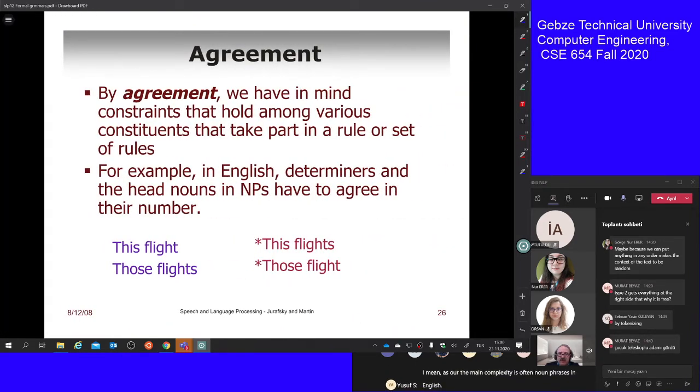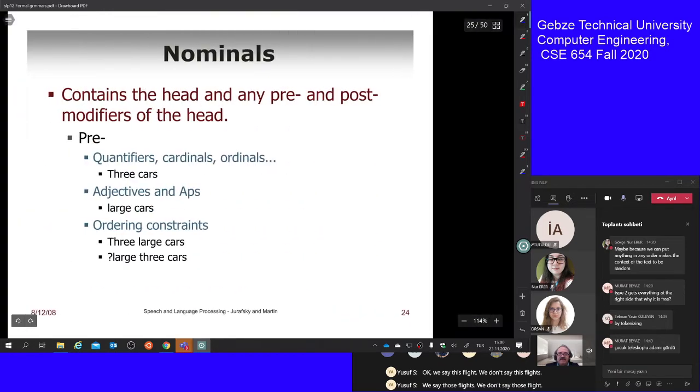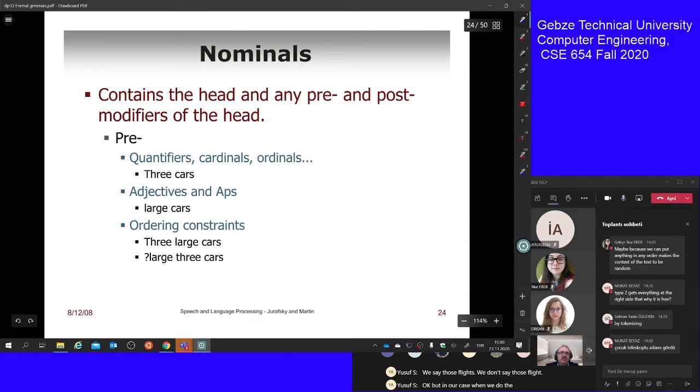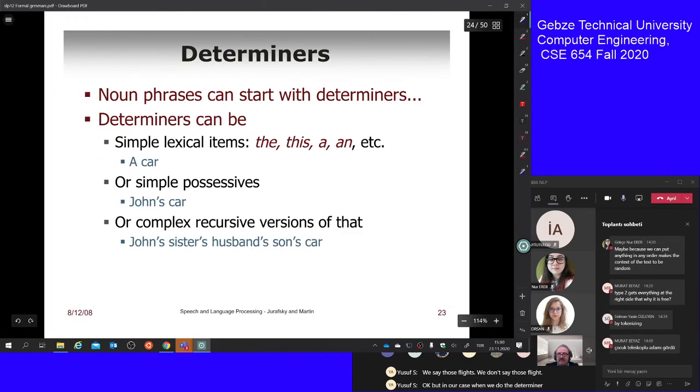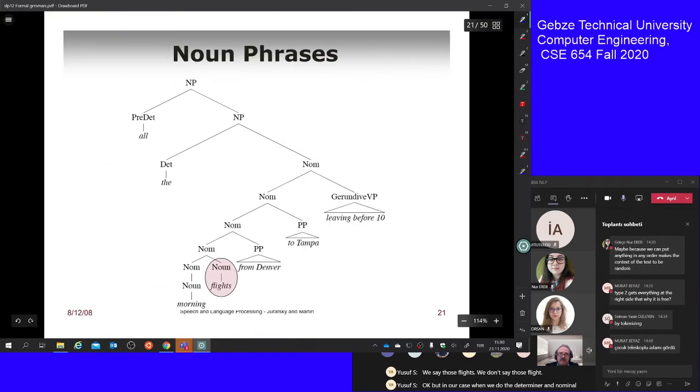While we are talking about the nominals with the pre-modifiers, let's look at this problem in English. Okay, we say this flight, we don't say this flights. We say those flights, we don't say those flight. Okay, but in our case, when we do the determiner and nominal, remember that rule? Determiner, nominal.